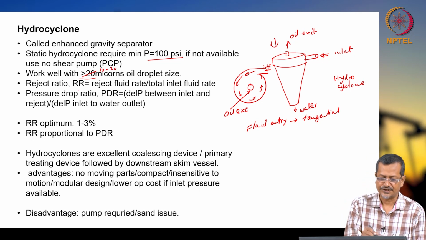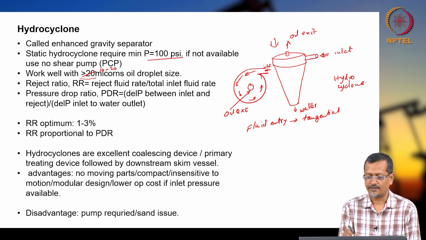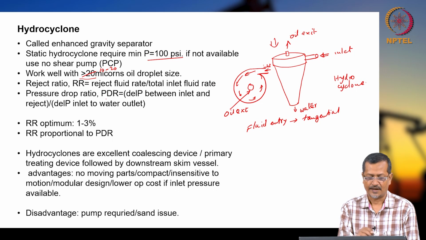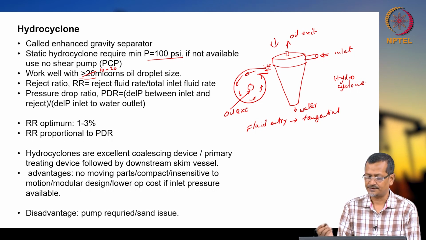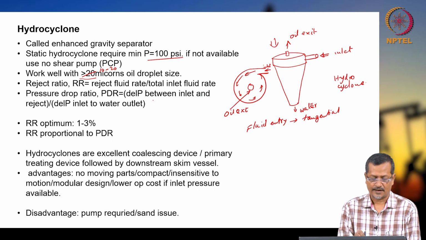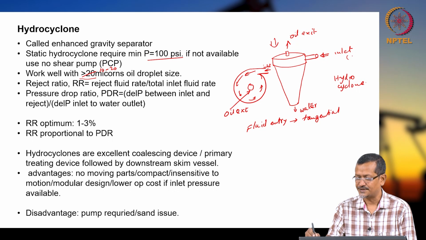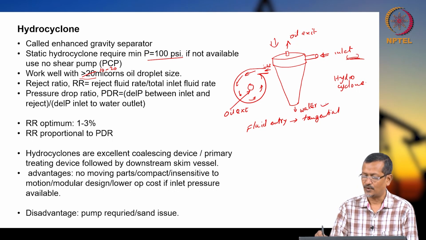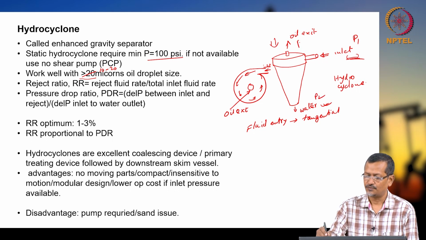Okay, for rejection rate, the two definitions are here. Reject ratio is reject fluid rate divided by total inlet fluid rate, and pressure drop ratio PDR equals delta P between inlet and reject divided by delta P between inlet and water outlet. Inlet means here, and water outlet is here. So let us say P1, P2, P3.